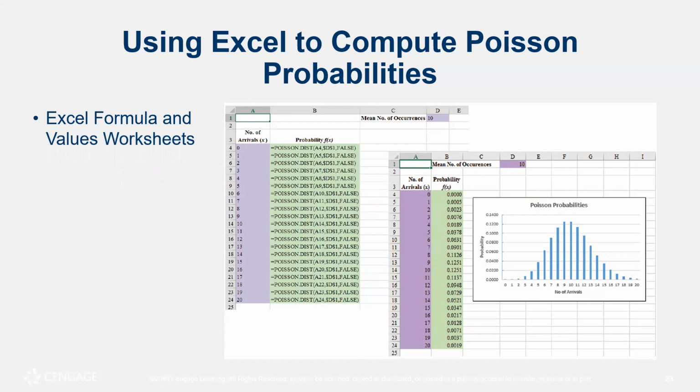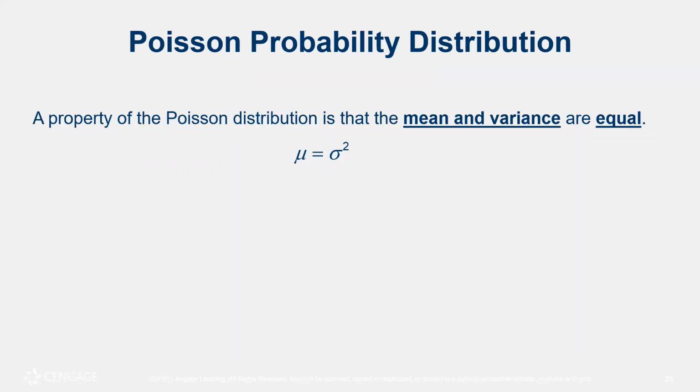Here they did it for all possible versions of it. Usually in your assignments, you'll just say, what's the probability of this one thing? And you can just do that. You don't have to solve it for all possible values. Okay, so that's a Poisson distribution. An interesting property of the Poisson distribution is that the mean and variance are equal.